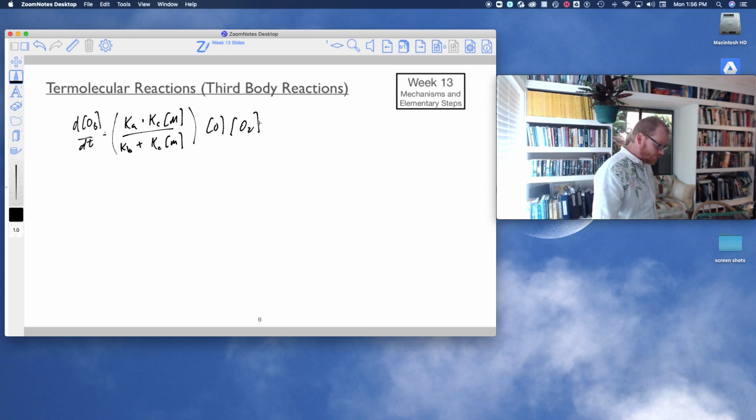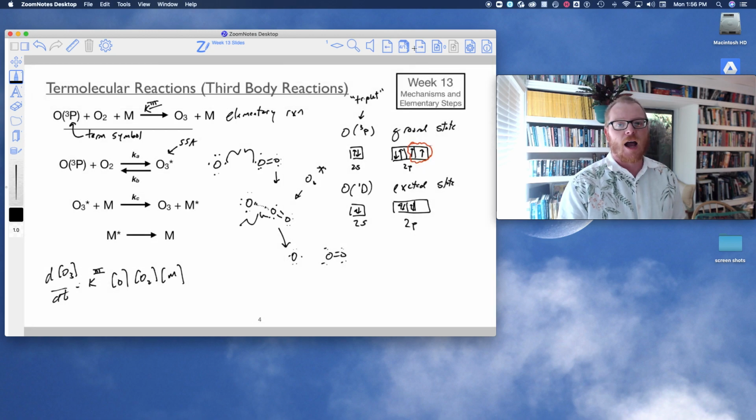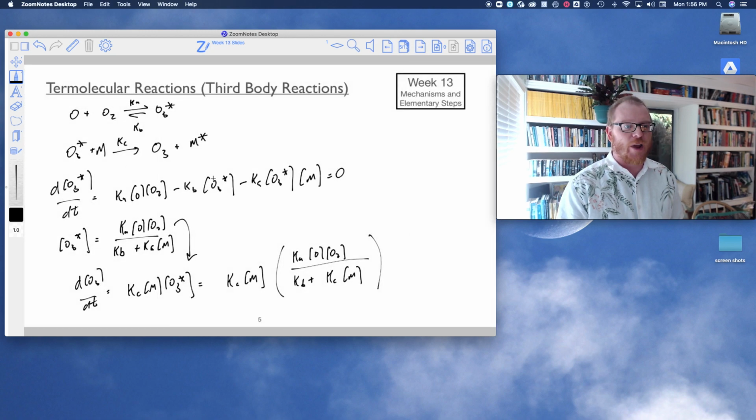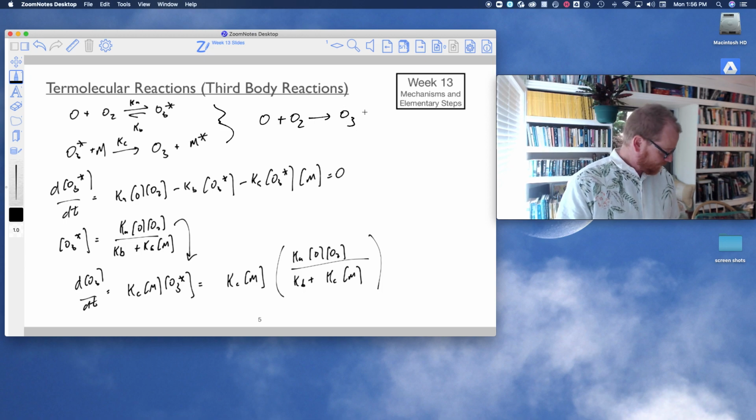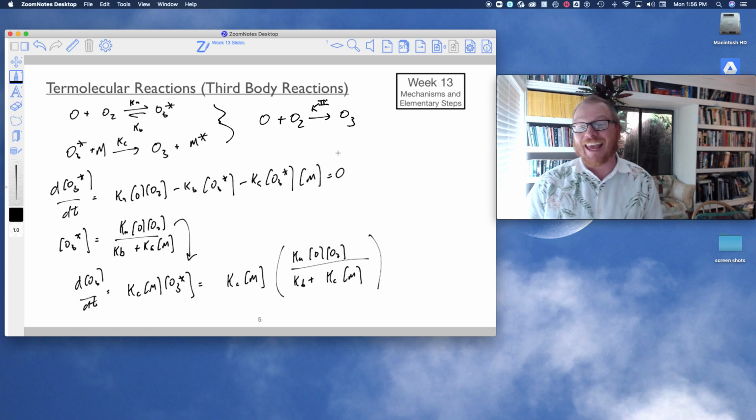This is actually pretty cool, because in the grand scheme of things, when we look at this reaction, let me use this slide, and we think about these unstable intermediates and canceling them out and getting some total reaction, our total reaction just looks like O plus O2 goes to O3, occurring at a second order rate constant K2.